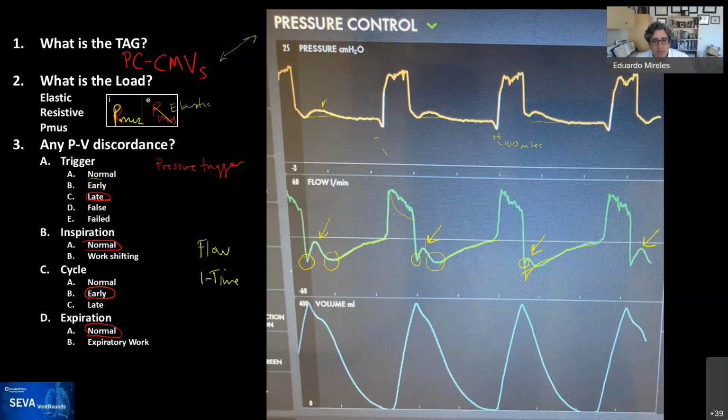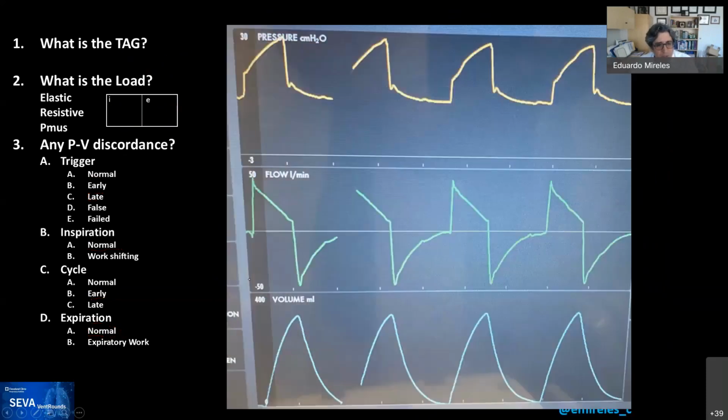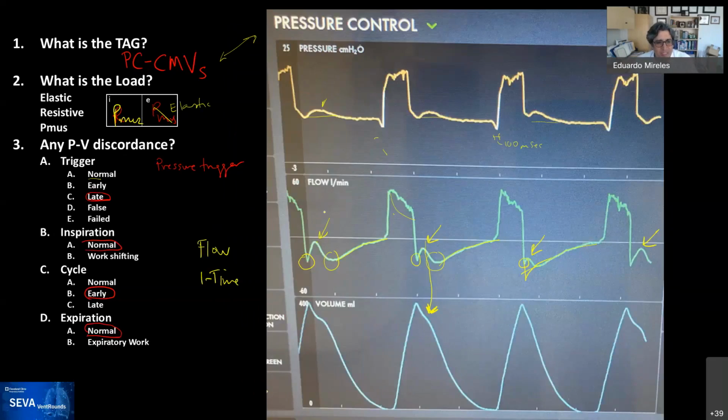Excellent. I didn't point this out, but you see the volume waveform, how it has this little hump because the patient is still inhaling. That is just a concomitant that you would see if the patient is doing inspiratory effort. So you would do this if you want to maintain the patient on that same exact mode.